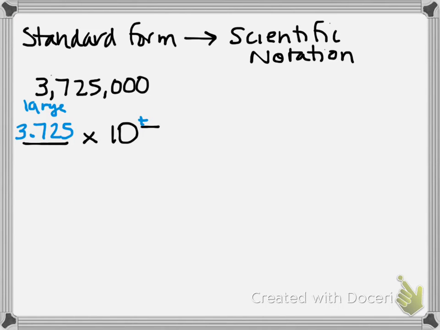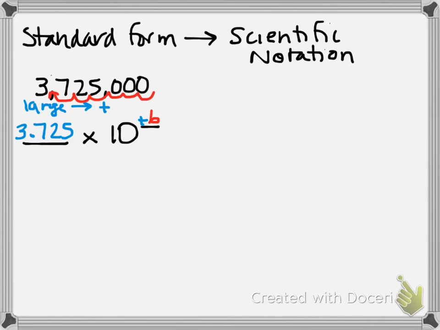Large, positive. Okay, now, what I need to figure out is how many places I moved the decimal point. So what I like to do is just move 1, 2, 3, 4, 5, bam. And I just count up how many little loops I had, and I had a total of 6 loops.